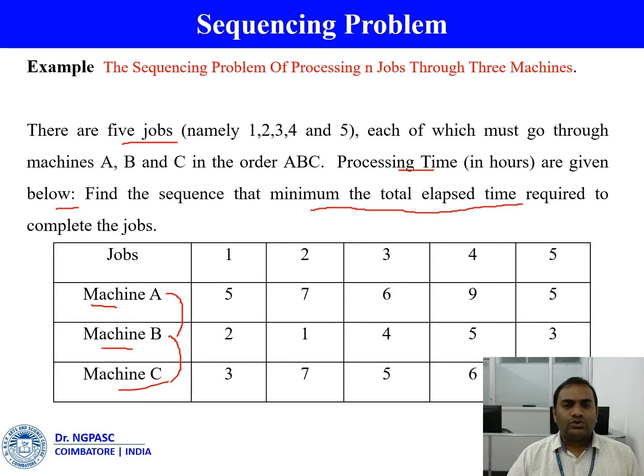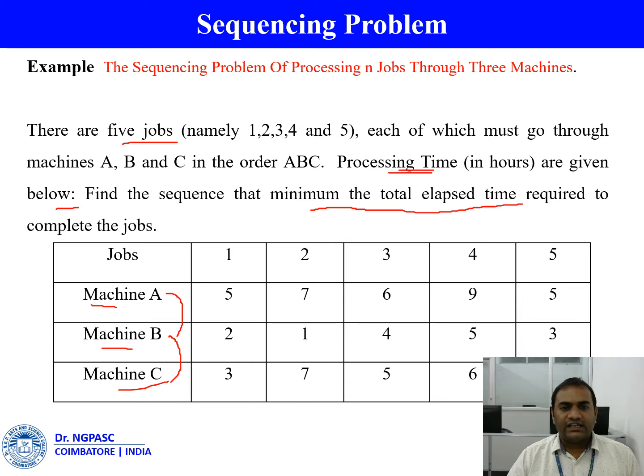So for this purpose we add machine A and machine B processing times. For machines A and B, we add these values: 5 plus 2 is 7, 7 plus 1 is 8, 6 plus 4 is 10, 9 plus 5 is 14, 5 plus 3 is 8.